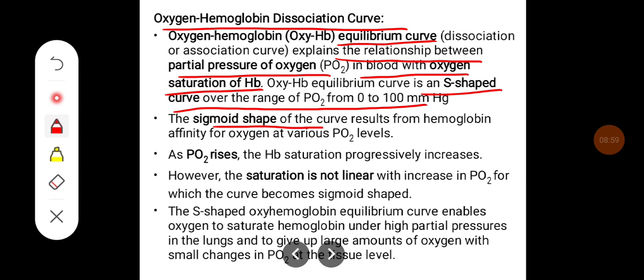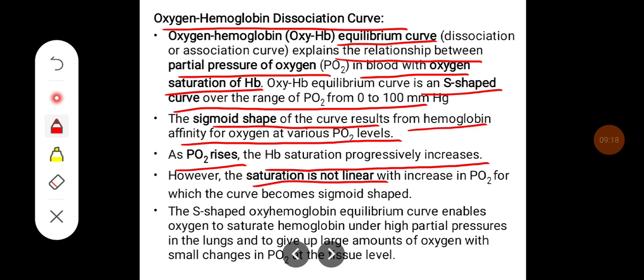The sigmoid shape results from the hemoglobin affinity for oxygen at various partial pressures of oxygen. As PO2 rises, the hemoglobin saturation progressively increases. However, the saturation is not linear with increase in PO2, for which the curve becomes sigmoid shaped.